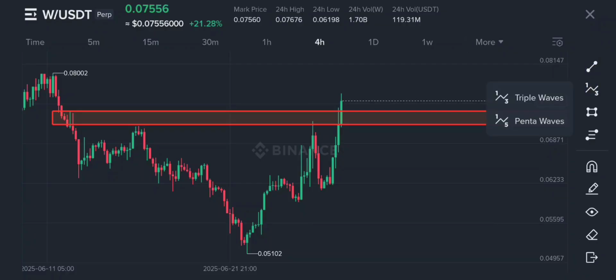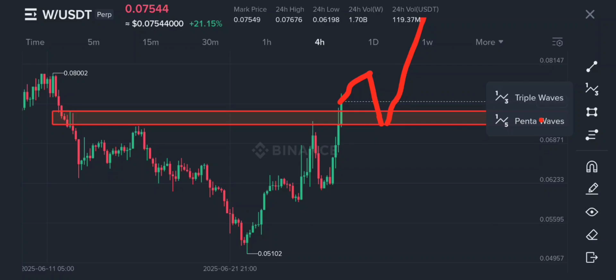I'm expecting price to play back into our area of interest. So this is what I'm expecting on this trade. I'm expecting this to go like this, and we long from there.